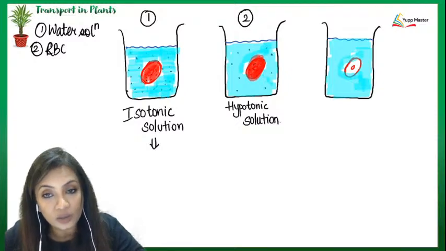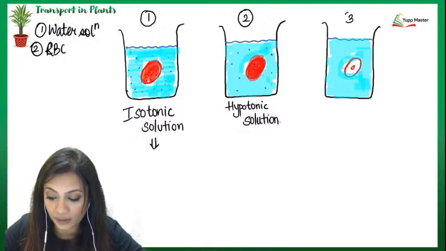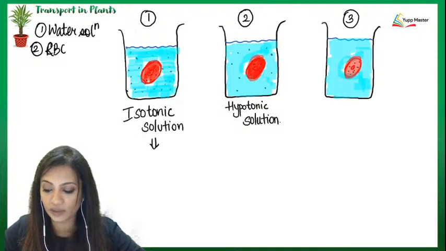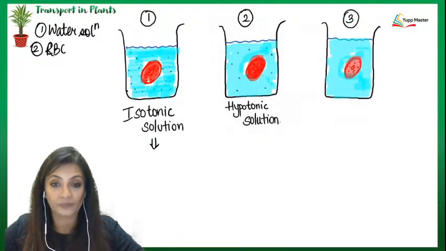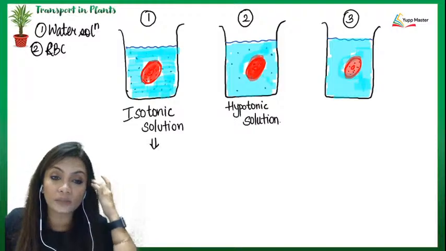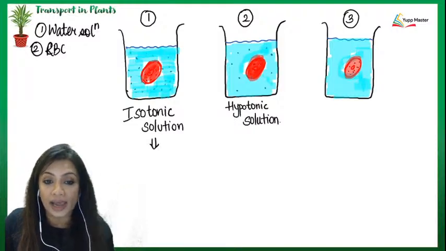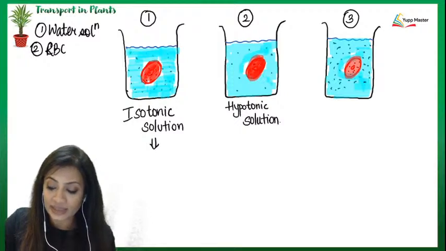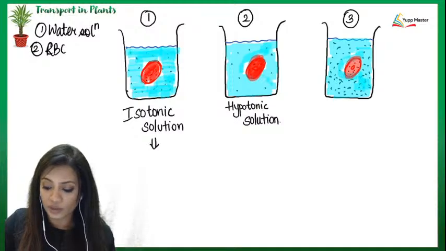Okay, now let's come to the third beaker. In this beaker also, we know that there is going to be a given amount of salt present inside this RBC, and let's say I am adding salt to the third beaker in that water solution, and let us say that I add too much salt, excess of salt. Can you see, as compared to the first two beakers, I am adding way too much salt over here.